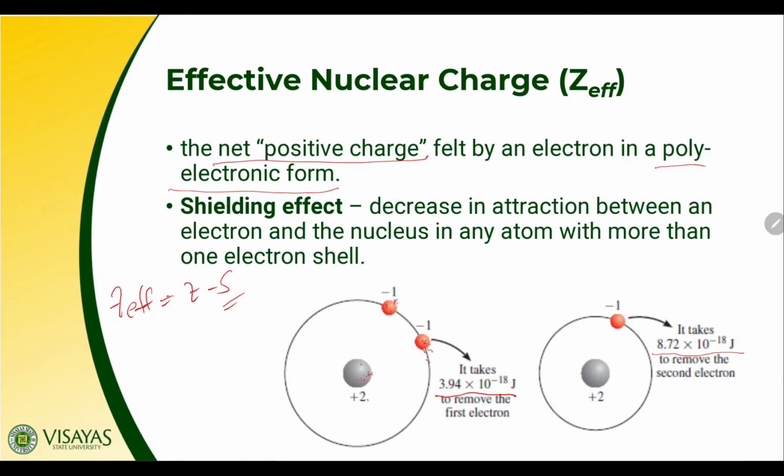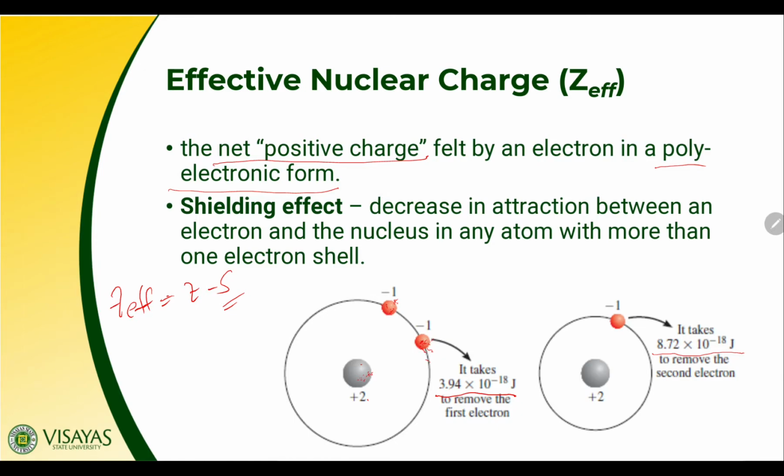Why is this so? When there are still two electrons present in the atom, again, there is shielding. So this electron, for example, shields this electron. What happens then is there is a decrease in the attraction between this electron and the nucleus, which makes it easier to remove that electron.